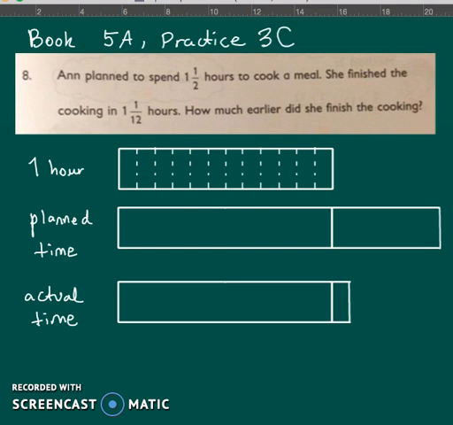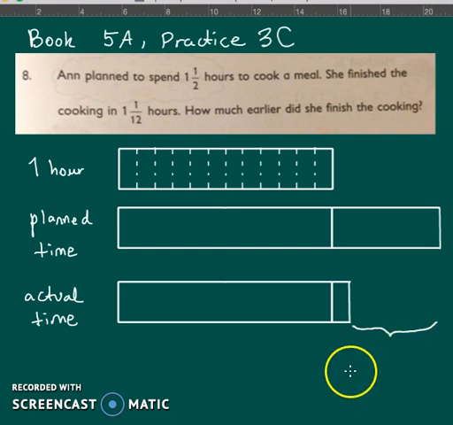Okay, so now what we want to do is compare the difference between the amount of time she spent cooking and the amount of time that she only planned to spend cooking. So what we're looking at is this area here, and we need to find out how much time that represents.